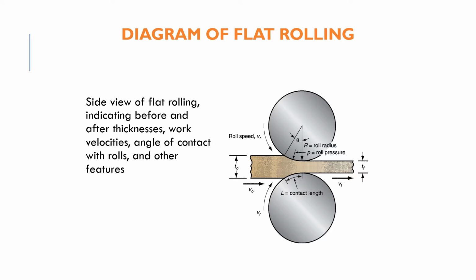The rolls have a roller speed, VR, and at the same time you will see the work material, where T naught is the initial thickness and TF is the final thickness, V naught is the initial velocity of the work material, and VF is the final velocity of the work part.